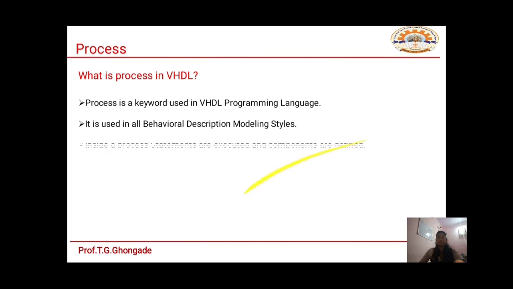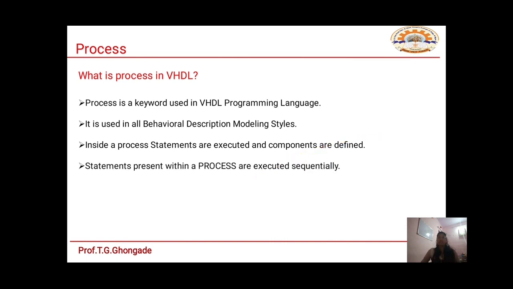Okay, the next thing is, inside a process there are statements which are executed and some components are defined inside a process. So we define switch case, for loop, and so many. Statements present within a process are executed sequentially.